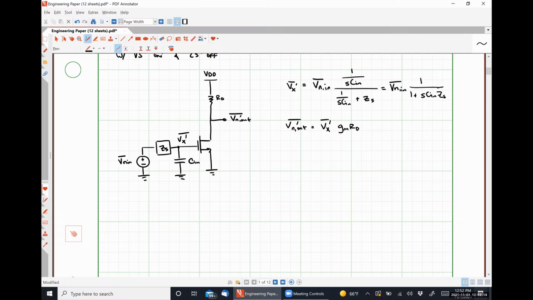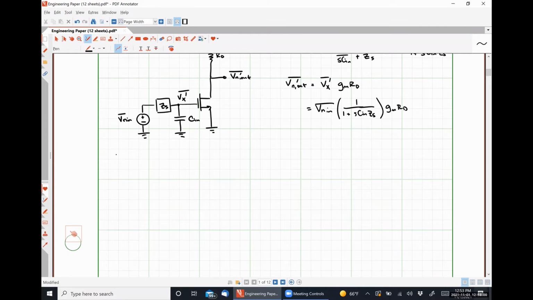I understand that I should actually be multiplying it by negative GMRD, but again, we're playing fast and loose with signs because we're dealing with noises, which are random processes here. And so substituting in Vx prime, this now becomes Vn in times 1 over 1 plus SCN ZS multiplied by GMRD. So that's the contribution with just my voltage source on.